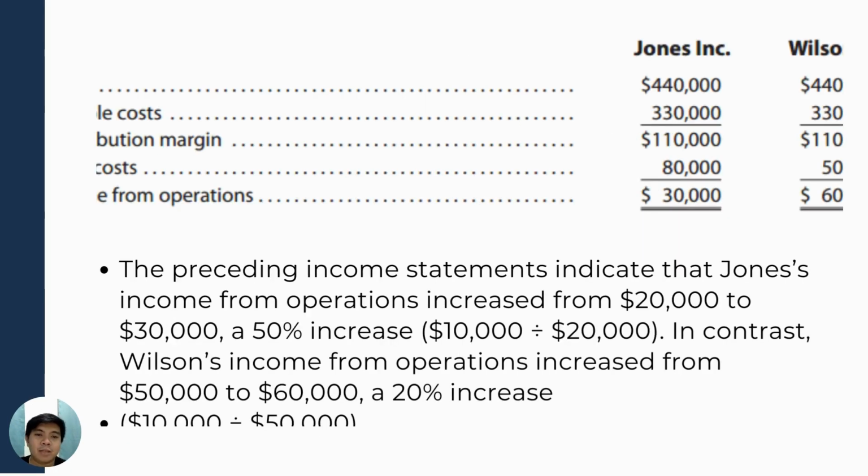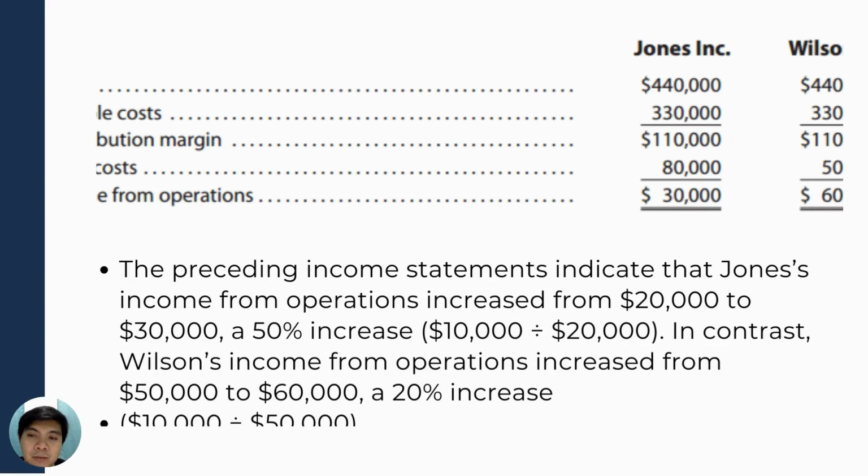The preceding income statements indicate that Jones' income from operations increased from 20,000 to 30,000, or a 50% increase. In contrast, Wilson's income from operations increased from 50,000 to 60,000, or a 20% increase.